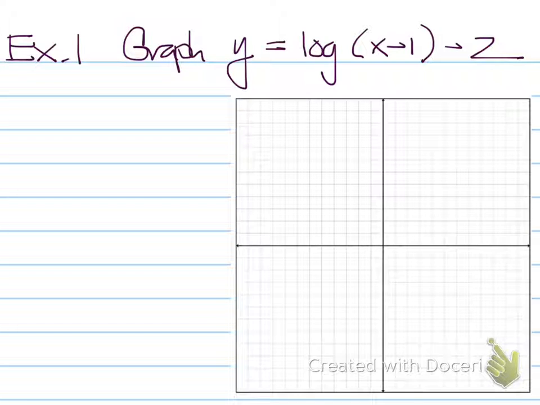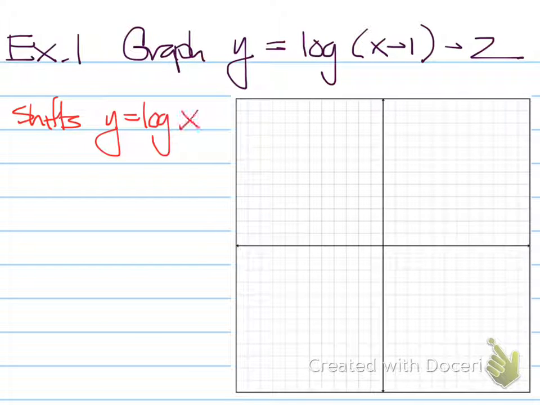Alright, so graphing logarithmic functions. We saw what the basic graph of a log looks like. And we remember from previous lessons that anytime you add or subtract something inside the parentheses, it moves the graph in the opposite direction, left or right.